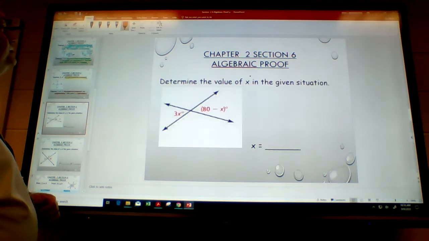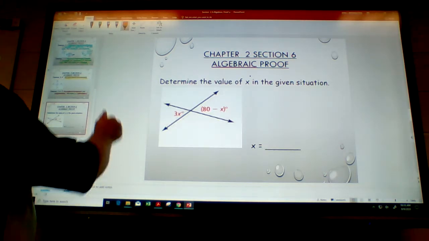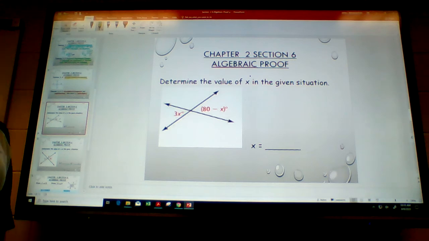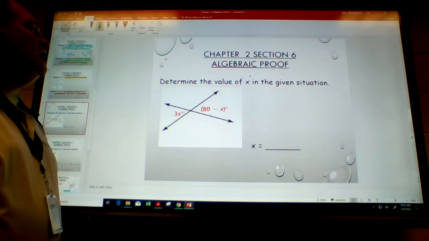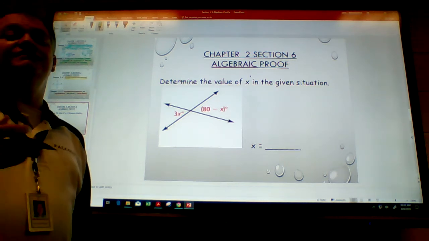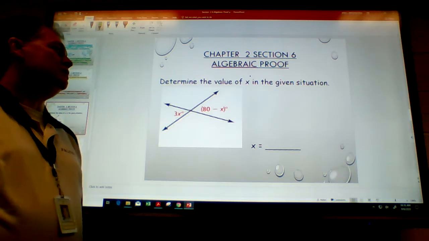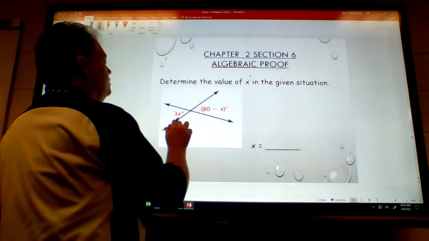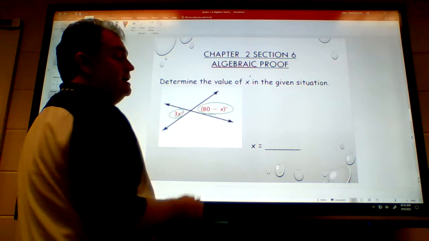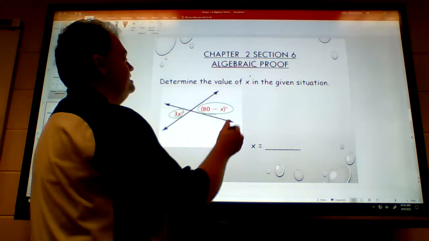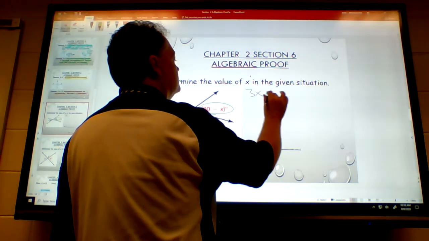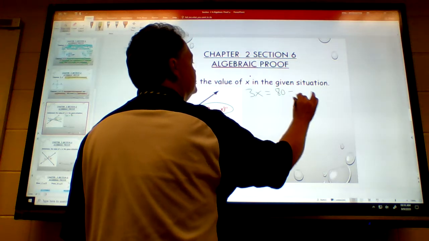All right, here we go. Okay, back to some basic algebra. Determine the value of x. You don't have to give reasons why. We could, but we're not going to. Here's what we know. These two angles are vertical. If they're vertical, we know that they're congruent. So 3x equals 80 minus x.